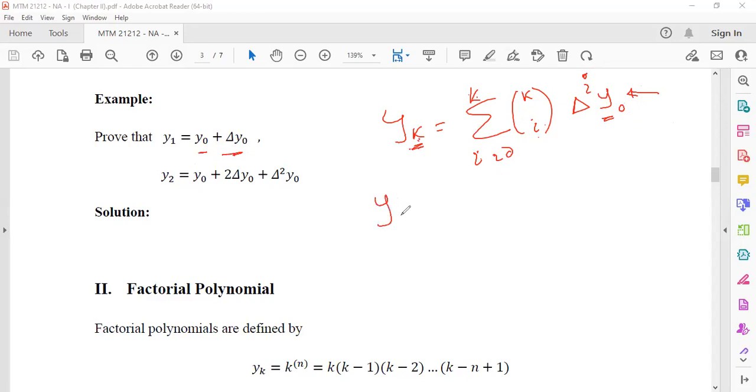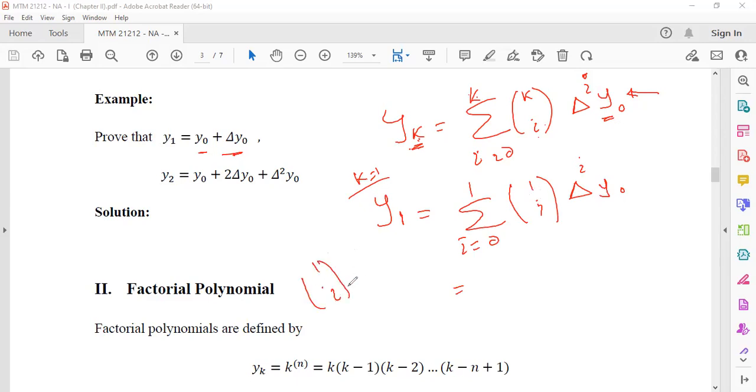If we substitute k is equal to 1, then i is equal to 0 to 1, and then 1 choose i, delta i of y naught. So what is 1 choose i?